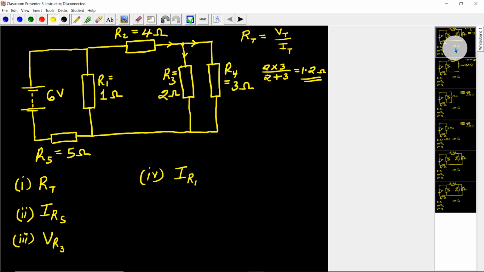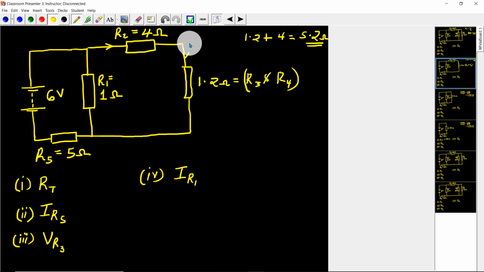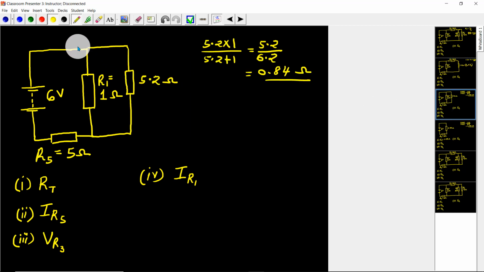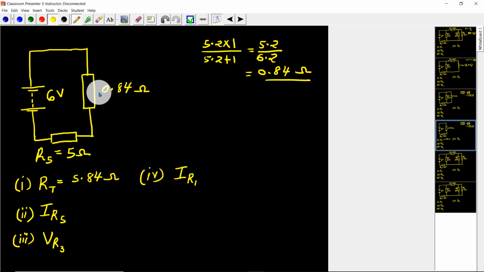Or if I move back here, I can reduce this section into a purely series, and then I reduce this section here, which is purely parallel, and then finally I have a purely series connection of resistors. Very important. So let's calculate the current through R5.